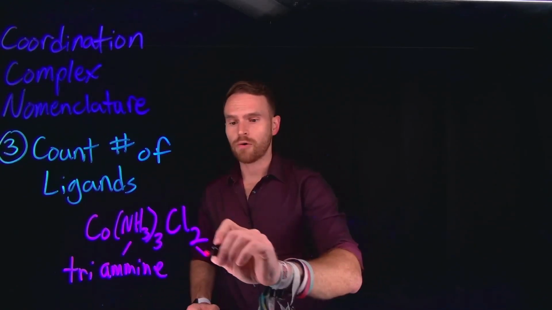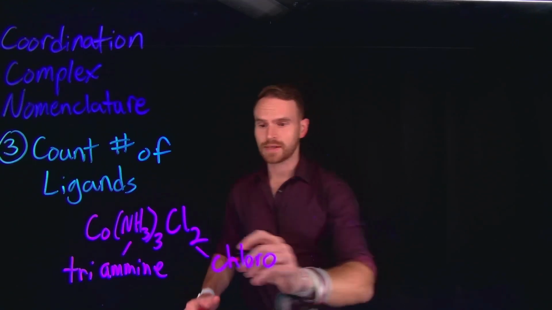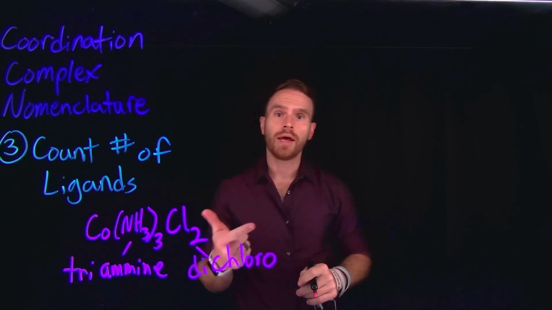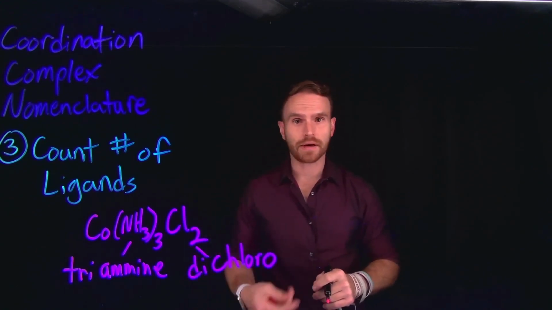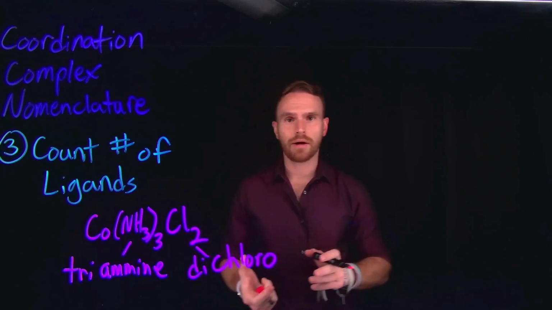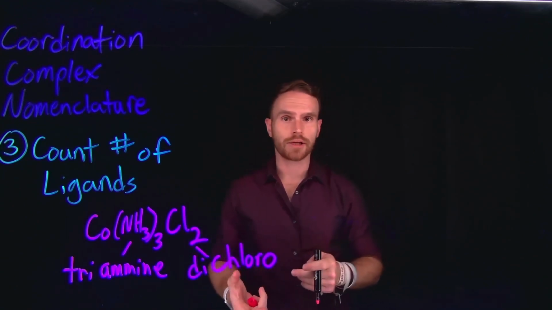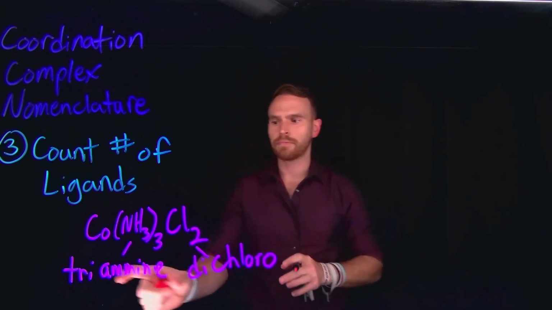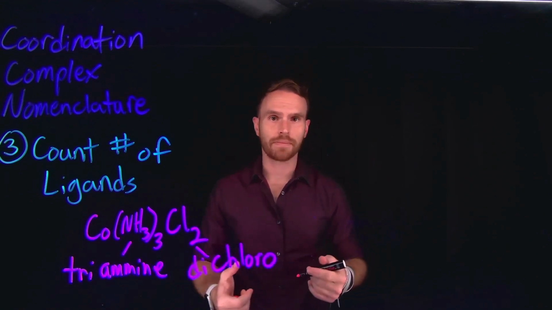For chloro, there are 2, which means that I need to put the Greek prefix di beforehand. So we have mono, di, tri, tetra, penta, hexa, hepta, octa, all those same Greek prefixes that you learned about in general chemistry for nomenclature of, for example, covalent molecules. Those still apply here, and you need to include them when indicating how many of each type of ligand.